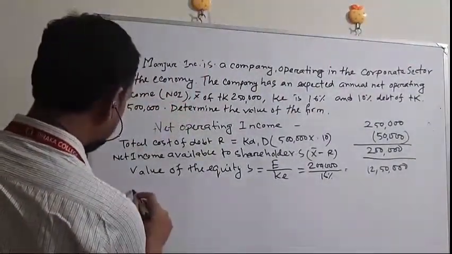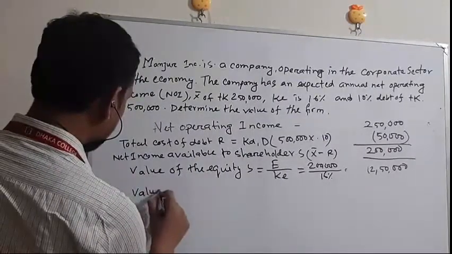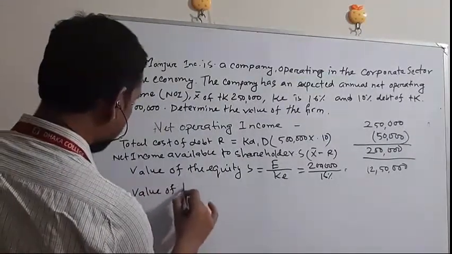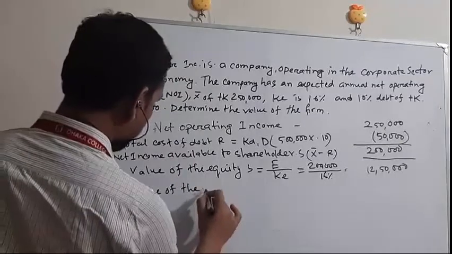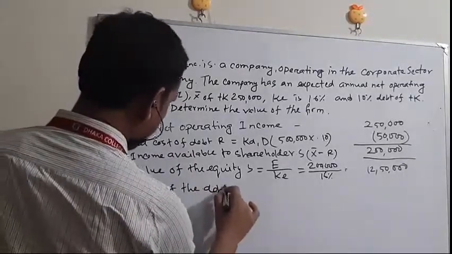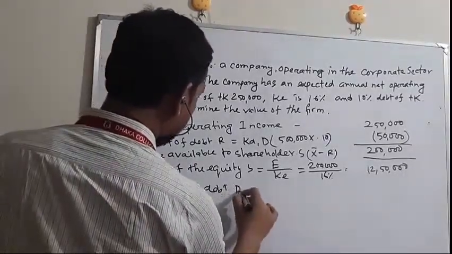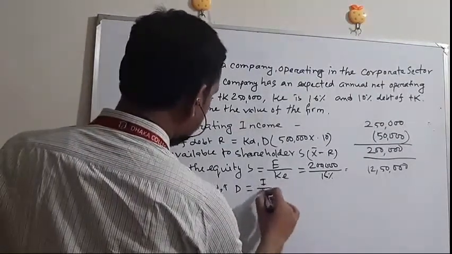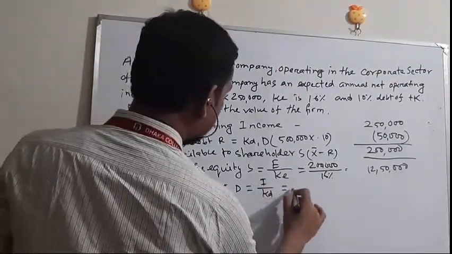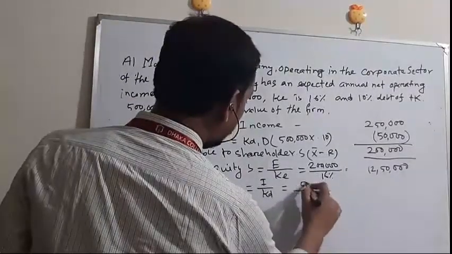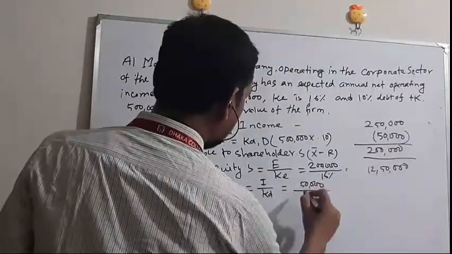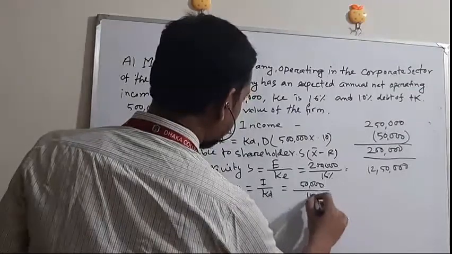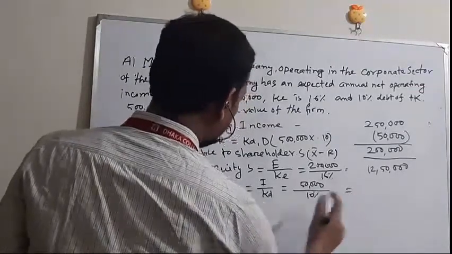Then the value of the debt, D, equals interest divided by KD. Here interest is 50,000 taka and KD is 10%, that is 0.1.